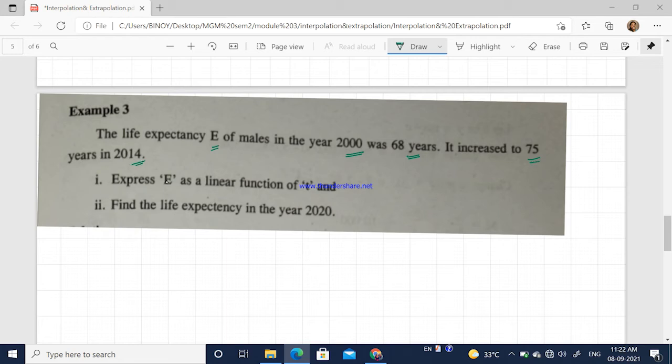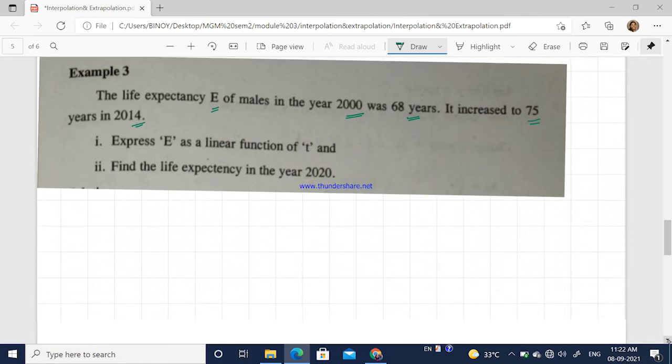You need to express E as a linear function of T.